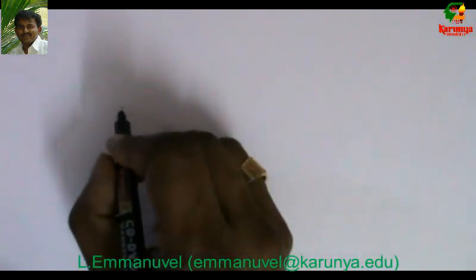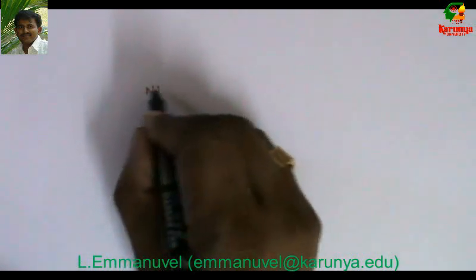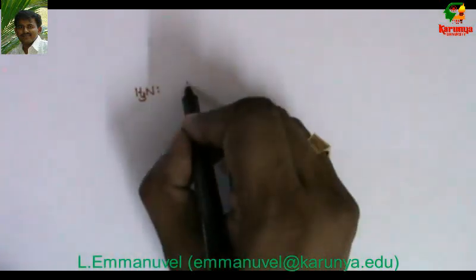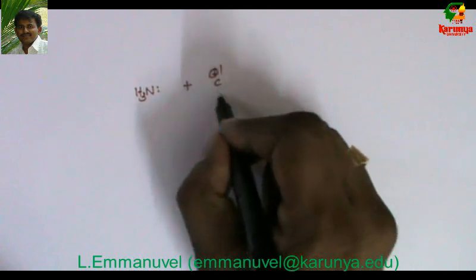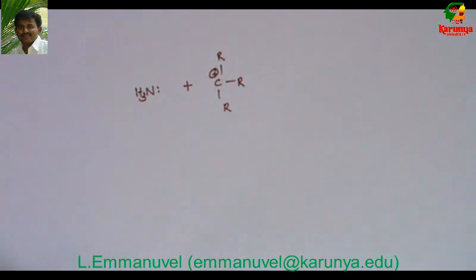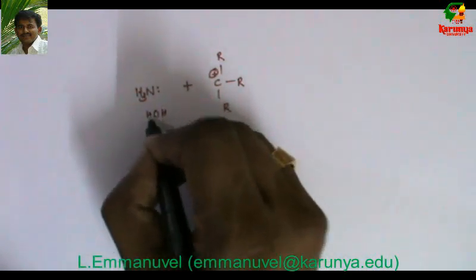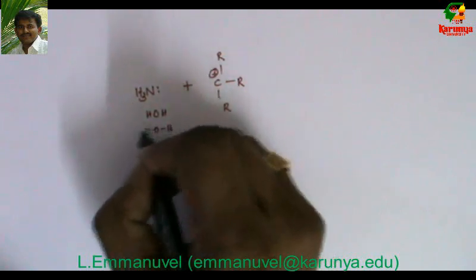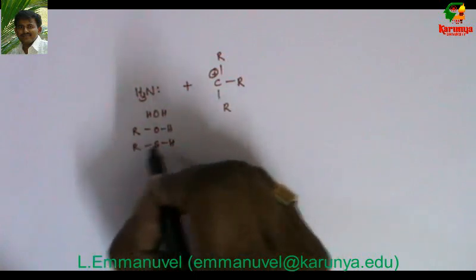Now, we are going for a lone pair of electrons which attacks the positive charge. For example, I take ammonia or say amine. This is added to the carbocation. It may be even water or alcohol or thiol.